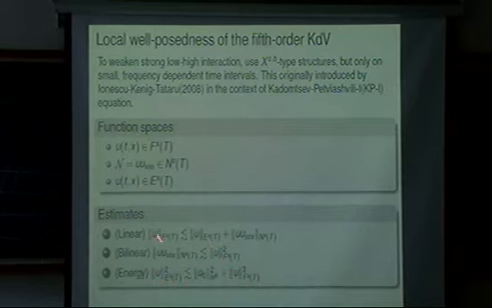Combining those three estimates, we can show that the F^s norm of u is bounded by a higher power of itself. Then by the smallness assumption and a continuity argument, combining the three estimates, we can show the a priori bound. Here the crucial thing is the success of the bilinear estimate.